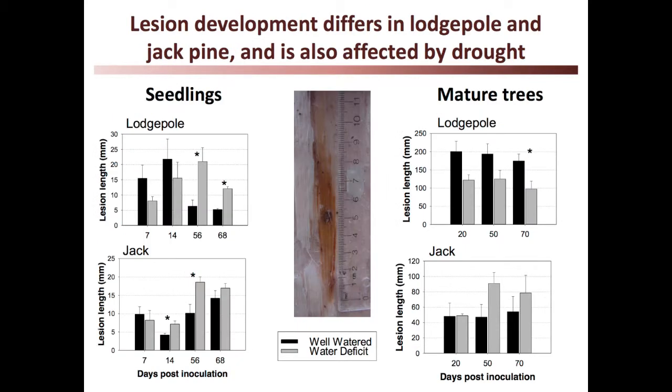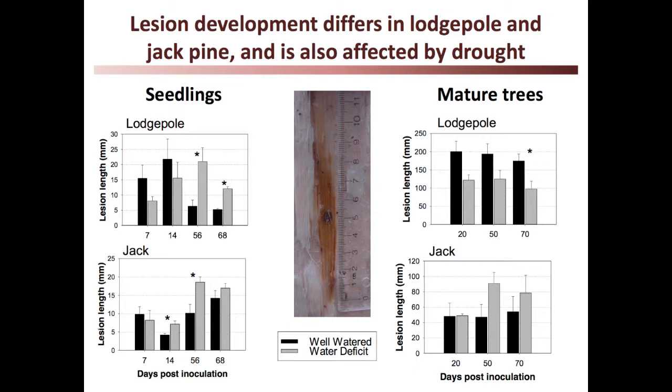So where the rubber hits the road then is knowing whether that mild water deficit can affect the tree's defense response. We've used lesion development, as many people have, as a measure of the tree's defense response to this attack.